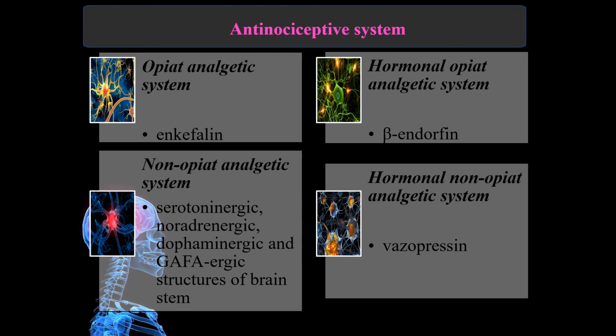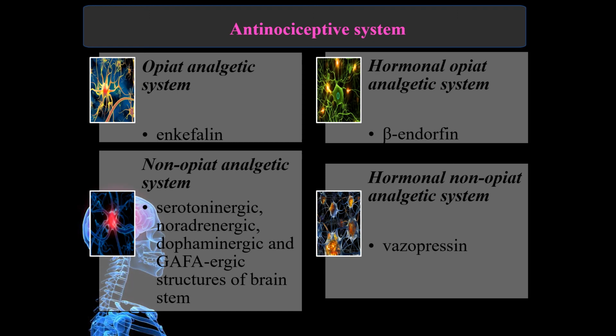The neurophysiological mechanisms are associated with a specific group of neurons, and as a result of their stimulation, the activity of afferent systems that transmit nociceptive information to the higher parts of the brain weakens or completely stops. What about neurochemical mechanisms? They are associated with the analgesic effects of the neuromodulators. There are four anti-nociceptive systems associated with the interaction of the neurophysiological and neurochemical mechanisms you see here.